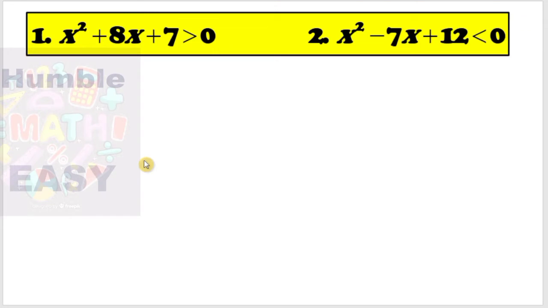We have here a given problem for number 1: x squared plus 8x plus 7 is greater than 0. To solve this we are going to factor this first, if it is factorable. Since the numerical coefficient of the quadratic term is 1, all we have to do is focus on the constant term, which is 7.